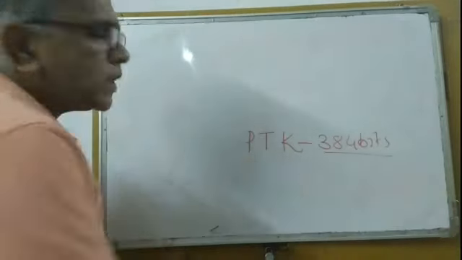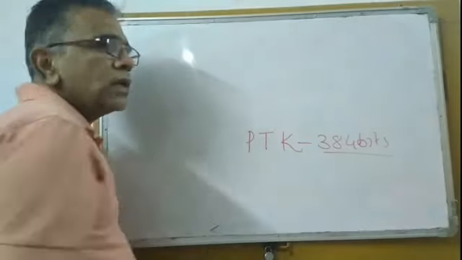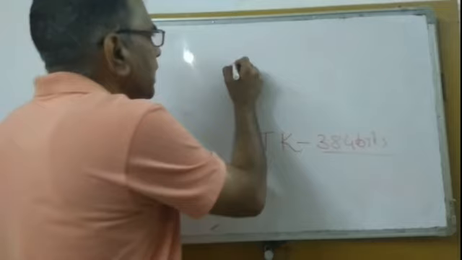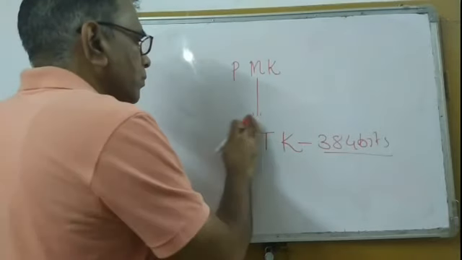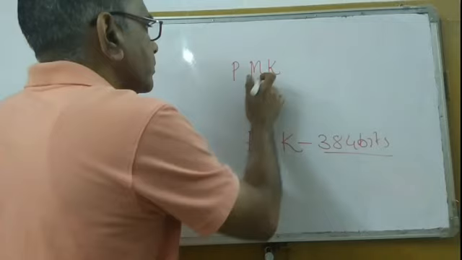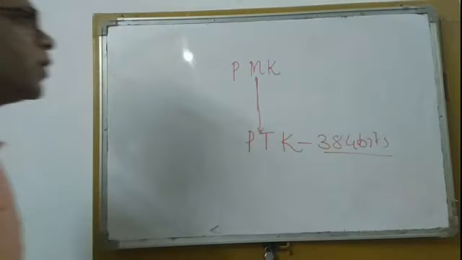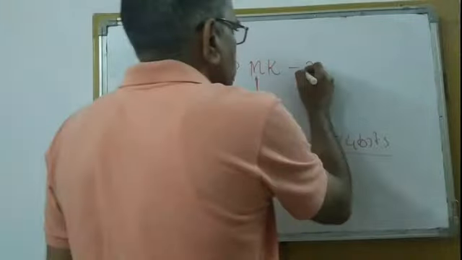Generation of this pairwise transient key is the main goal in key generation. It is generated with the help of the pairwise master key, PMK. The pairwise transient key is of 384 bits, and this is of 256 bits.